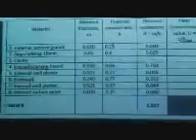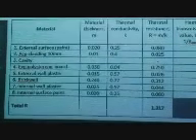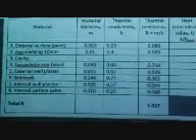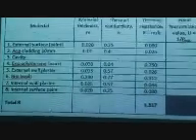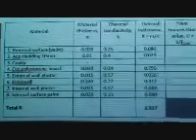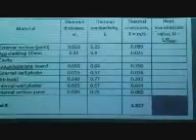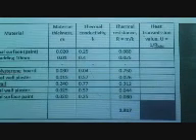The second material is ACP cladding, 10 mm. The third one is cavity. The fourth is polystyrene board. The fifth, external wall plaster. The sixth is brick wall. The seventh, internal wall plaster, and the last one is internal surface paint. And you can see the thermal conductivity of each material.